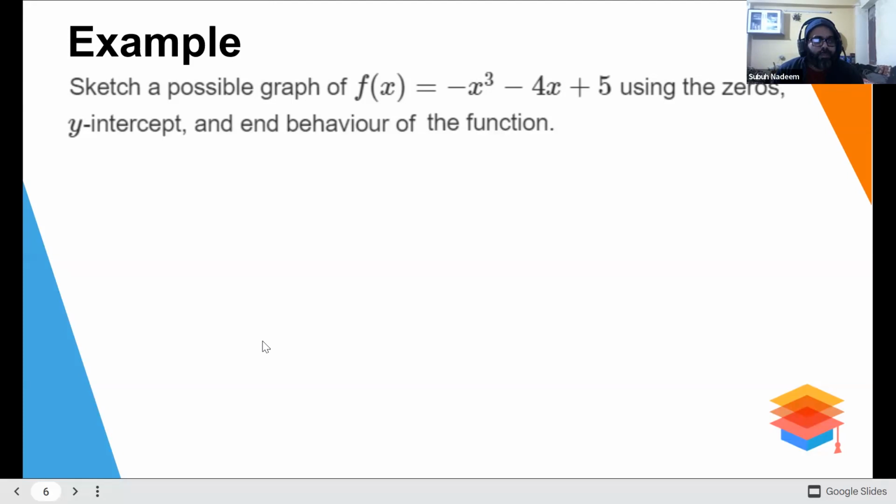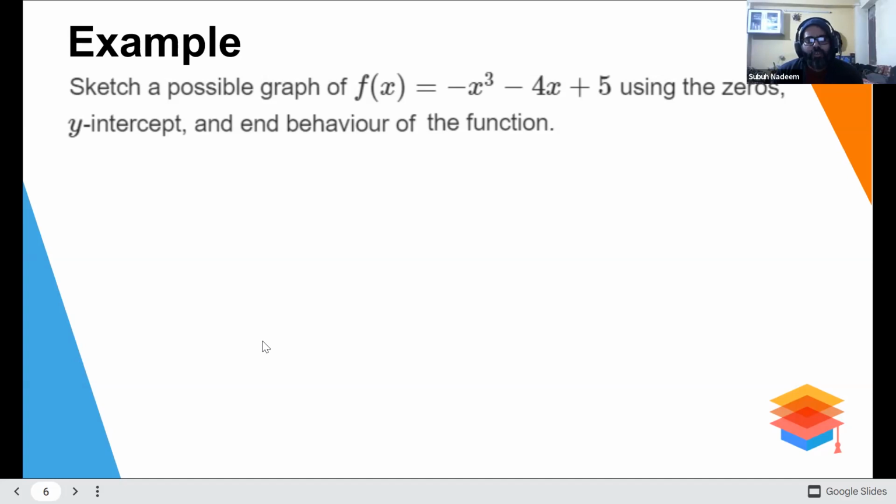Sketch a possible graph. Okay, now you have to sketch a graph using the zeros, y-intercept, and end behavior. Here it is not so difficult to find the root because 5 has only the factors 1 and 5, and the leading coefficient is -1.